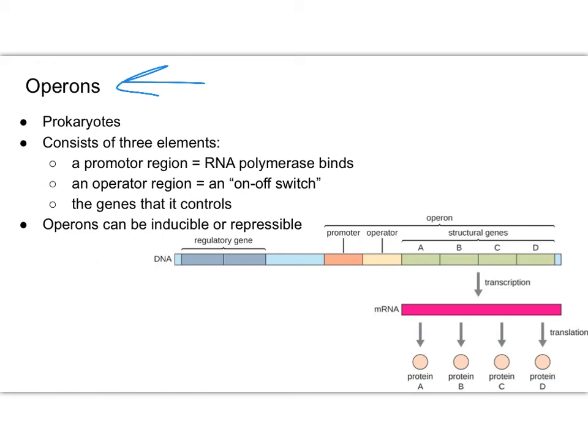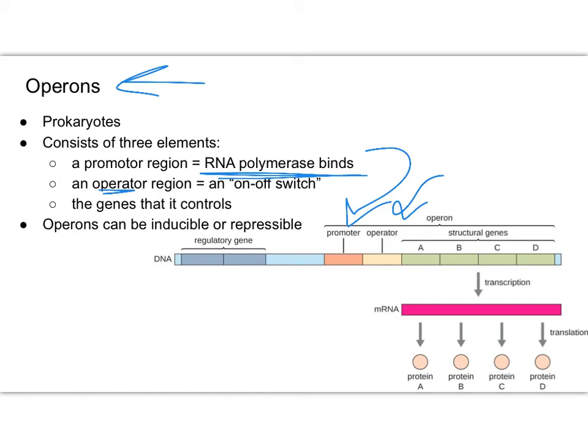So each operon has a promoter region. This again is where the RNA polymerase binds, the same as it was in eukaryotic cells. So there's my promoter region. It has an operator region. The operator region is right next to the promoter region. That's going to be your on-off switch. Okay. It's between the promoter region and the first gene. A lot of times it's multiple genes that are part of the operon.